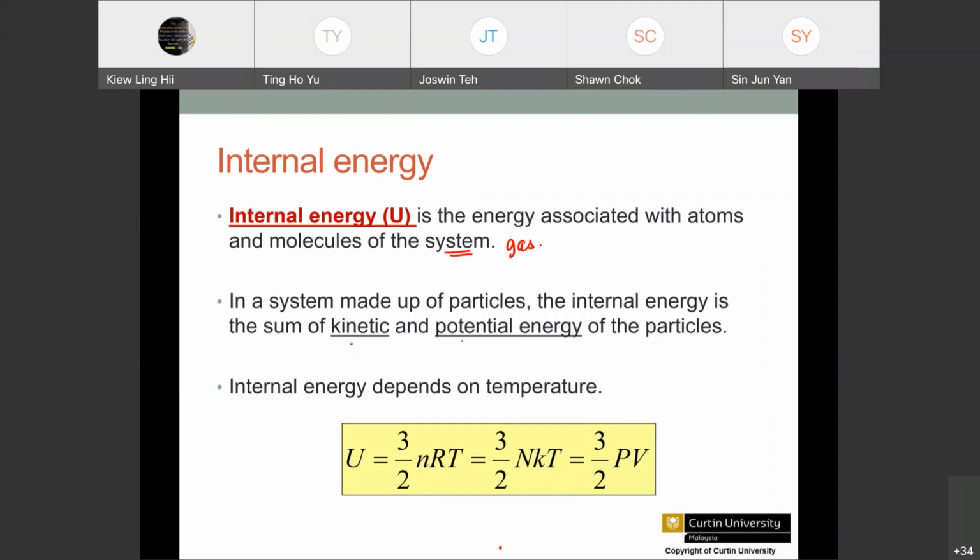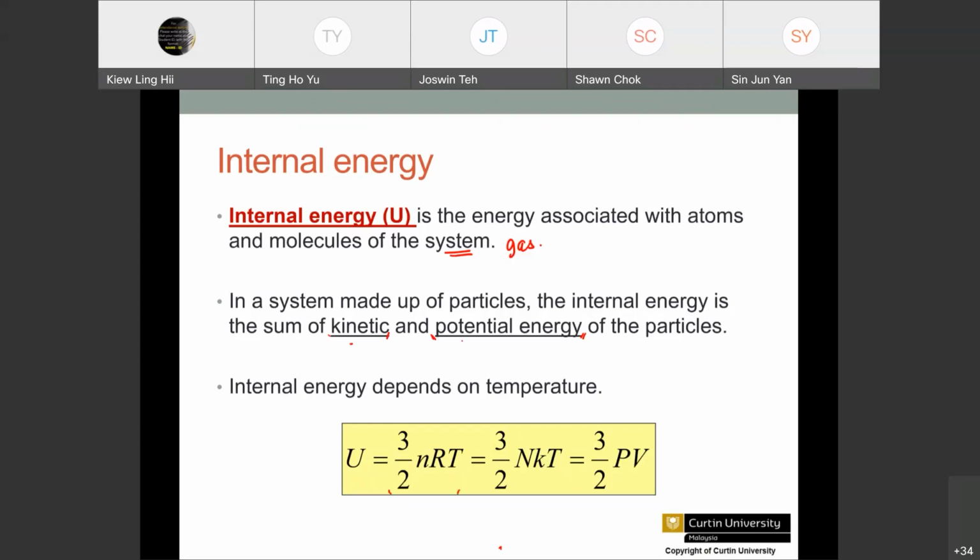However, that is only for the ideal gas law. Thermodynamics is applicable to all types of gas, even if it is not an ideal gas. So in this case, instead of only the kinetic energy we mentioned previously for ideal gas, it also consists of potential energy. They are representable by the same equation, which is 3/2 nRT.